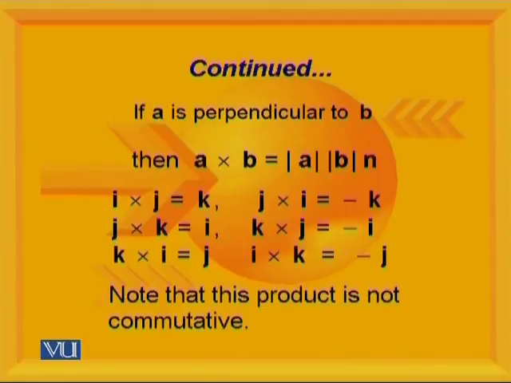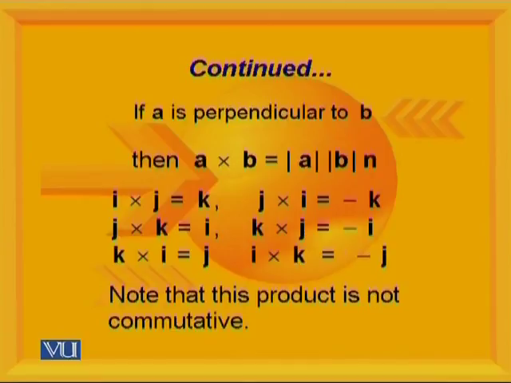And j cross k is equal to i. Similarly, k cross i is equal to j. But if we change the direction, j cross i is equal to minus k, k cross j is equal to minus i, and i cross k is equal to minus j.